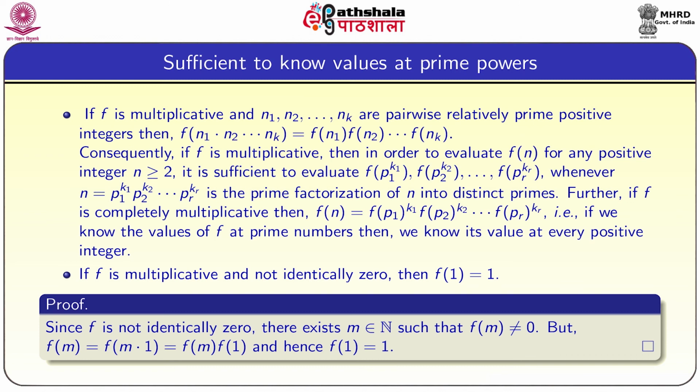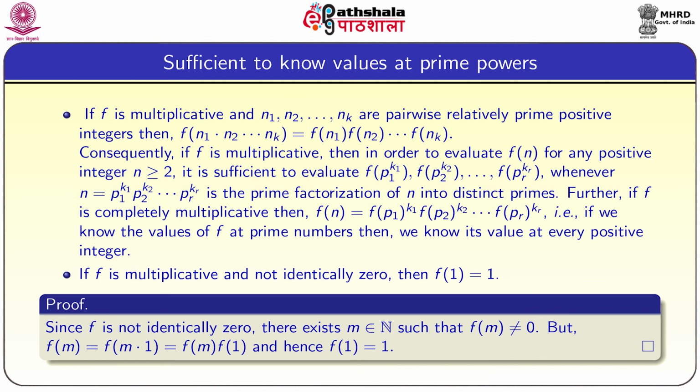Further, if f is completely multiplicative, then f of n is equal to f of p1 to the k1, f of p2 to the k2 and so on, that is, if you know the values of f at prime numbers, then we know the values at every positive integer. So, that is an advantage of completely multiplicative functions. It is sufficient to know just the value of f at prime values only.